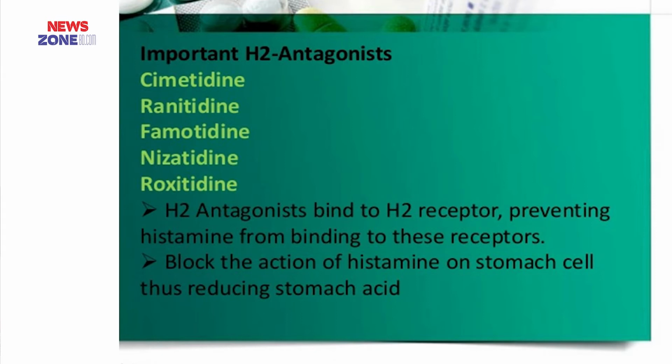Histamine H1 blocker is conventionally called antihistamine, and histamine 2 receptor blocker is an anti-ulcerant drug. H2 receptor blockers bind to the H2 receptor, preventing histamine from binding to these receptors. They block the action of histamine on stomach cells, thus reducing stomach acid.